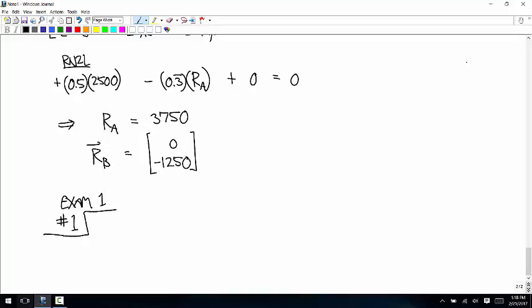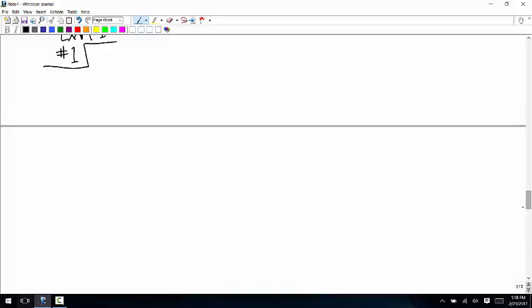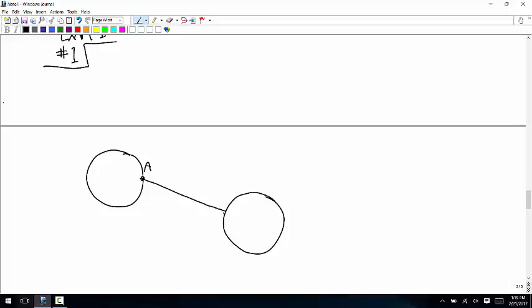All right, so this one, these two objects connected by a cable. And the connection points are A over here and B over here.